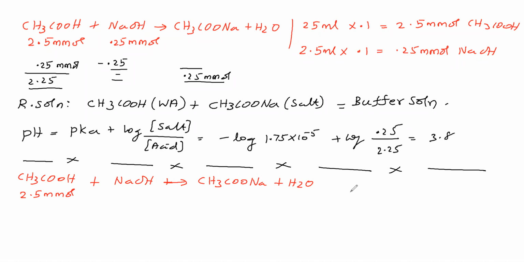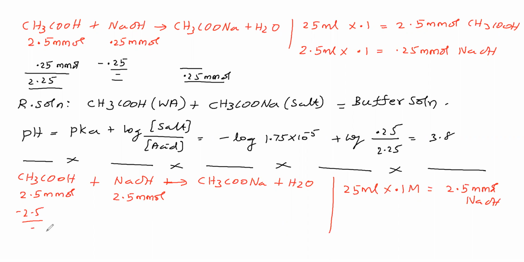So far we added 25 ml of sodium hydroxide, whose concentration is 0.1 molar. On multiplying we get the millimoles of sodium hydroxide added so far: 2.5 millimoles. Now they go for reaction.